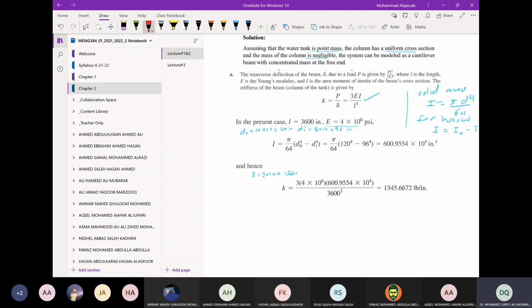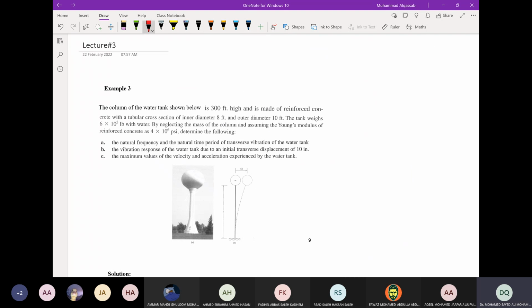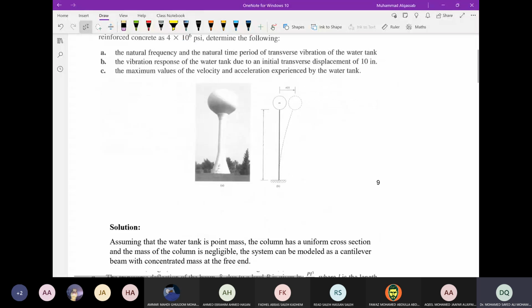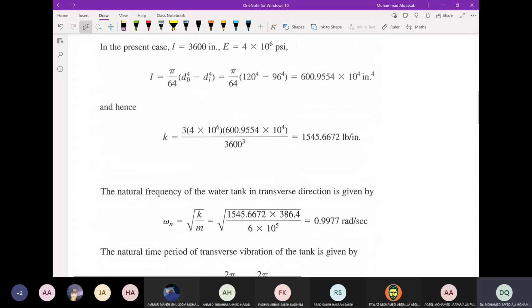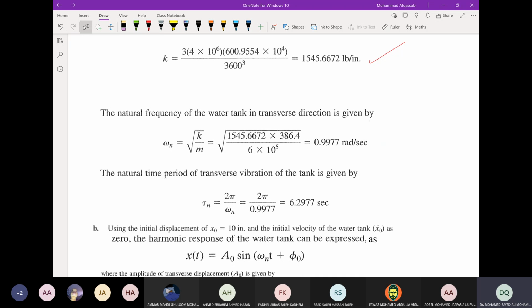As a continuation, I just put this in lecture 3. This is the continuation of example number 3, with I and K we reached from the previous lecture, 1545. So omega n is square root of K over M because this is the model of a spring mass system.